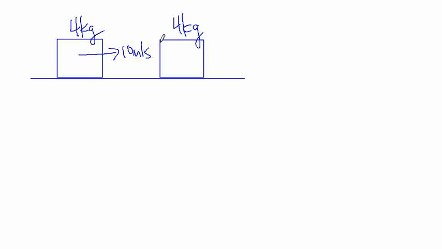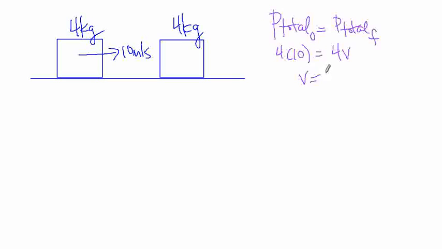And this time, the moving one's going to come to rest, and the stationary one's going to move after the collision. So P total initial equals P total final. And so 4 times 10 equals 4 times V. Clearly, the one that starts moving is going to have the same velocity as the one that was initially moving. It has the initial velocity of the one that was initially moving.